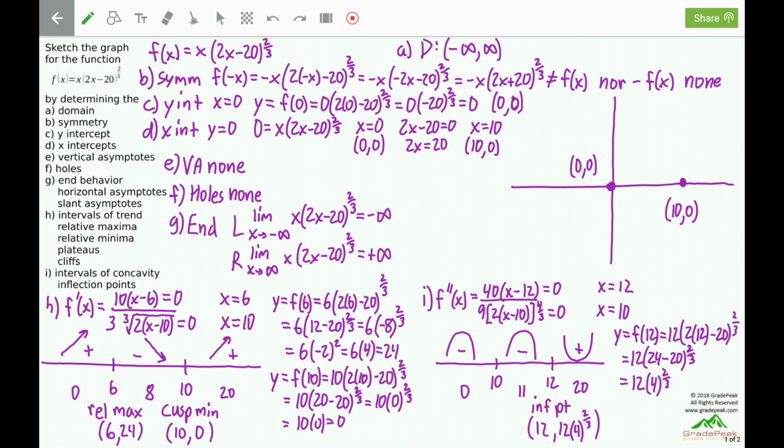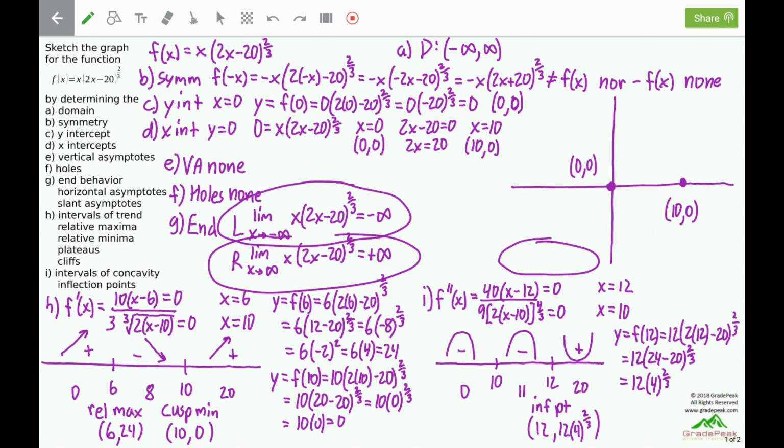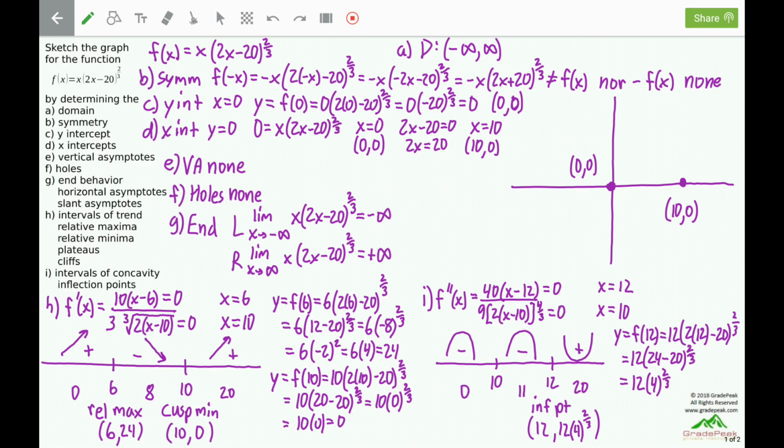We have no vertical asymptotes, no holes. We have a left-end behavior of negative infinity, which means on the left end it'll end up down here somewhere. And right-end behavior of positive infinity, so on the right end it'll end up here somewhere. We'll be sure that it follows that. Right at the point 6, 24, we have a relative maximum.